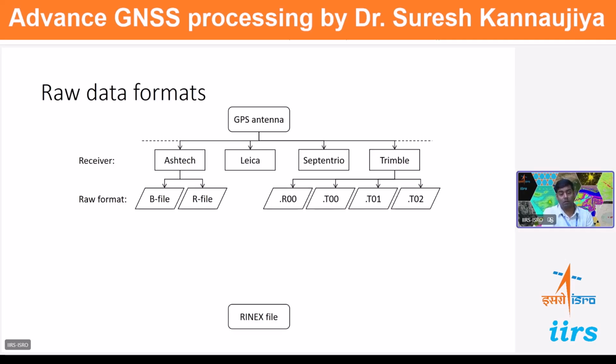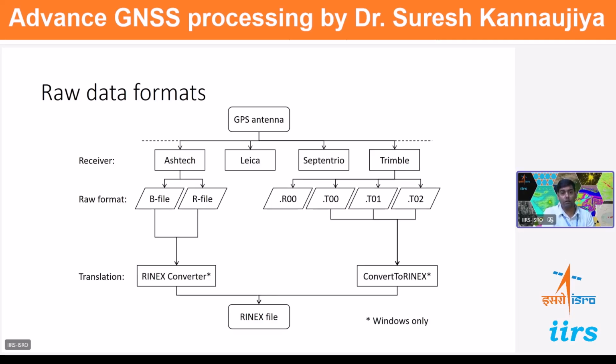So this is the flow chart. This is the antenna, this is the instrument. There are some more instruments nowadays. These OEMs provide the antenna and receiver, and they produce the raw data format.